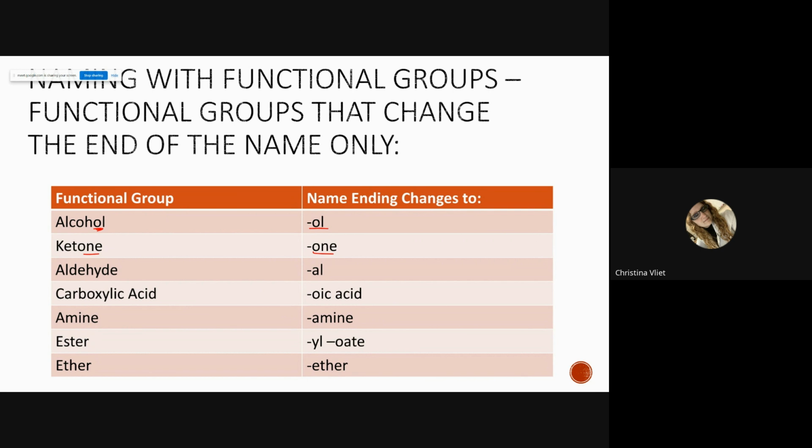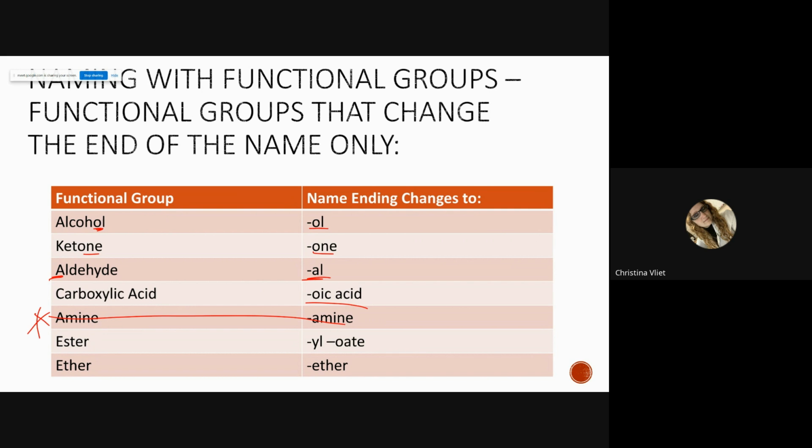Aldehyde, you change the ending of the name to al. Carboxylic acid, you change the ending of the parent chain to oic acid. Amine, no longer tested, so I'm not going to put it on the test. So skip. Hey, I took one thing off for you.